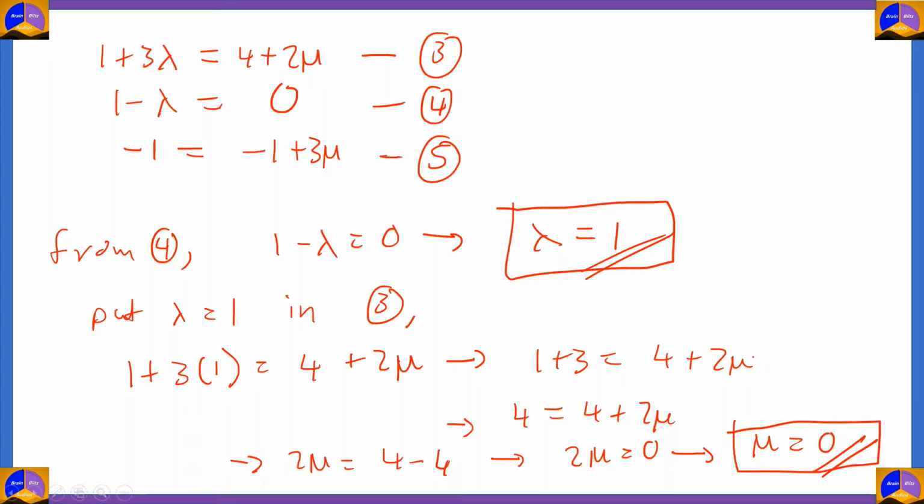Now we need to prove that the components are equal. So now we'll put mu is equal to 0 in equation 5. So what is our equation 5? Minus 1 is equal to minus 1 plus 3 mu.